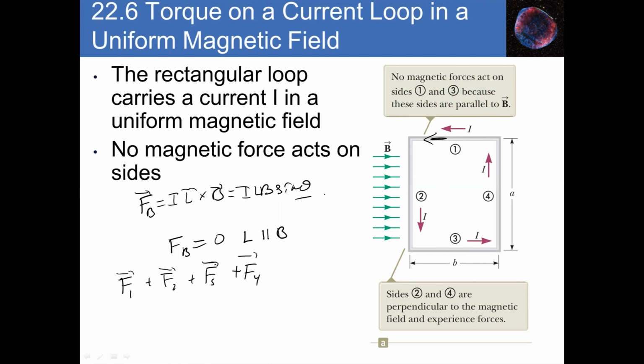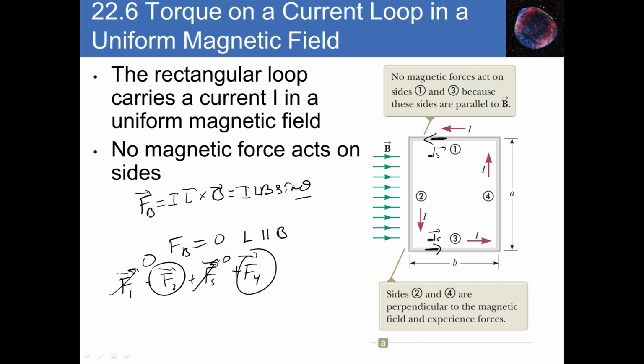Sine of 180 is 0. And if I'm considering segment 3, my dl, ds component, or the L component, doesn't matter, is 0 degrees with respect to the magnetic field. So again, sine of 0 gives you 0. So this is 0 and this is 0. So you can see then all I have here is segments 2 and 4.